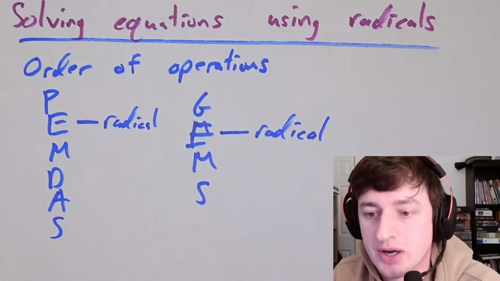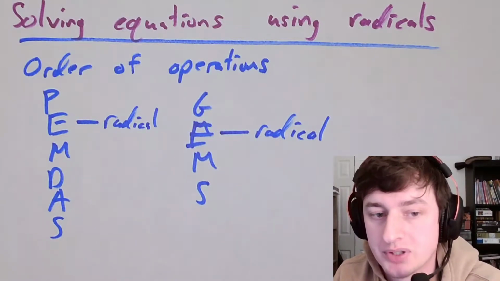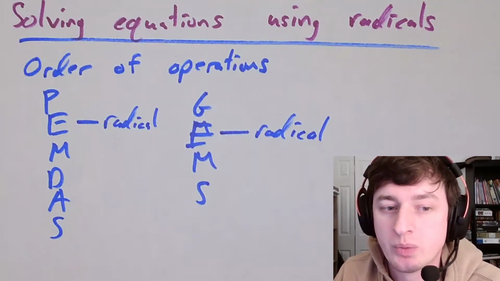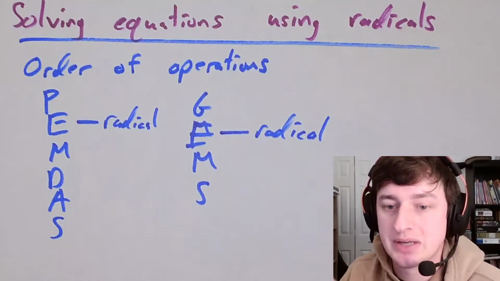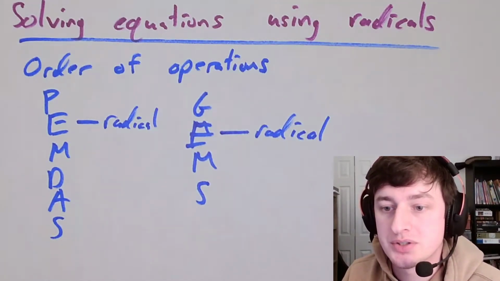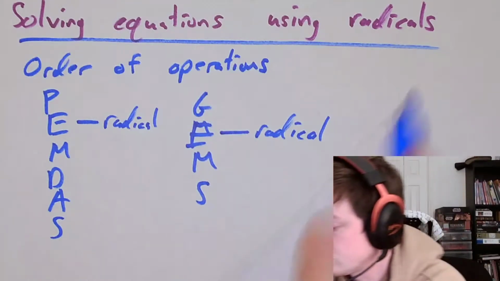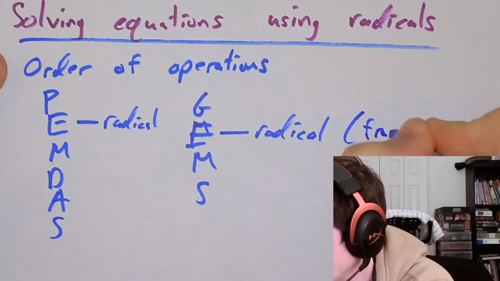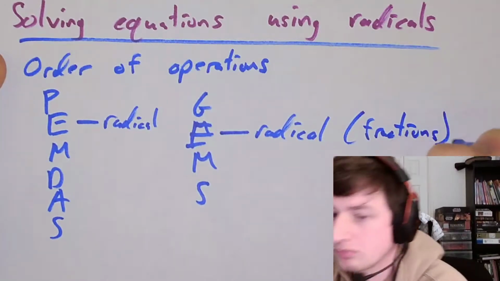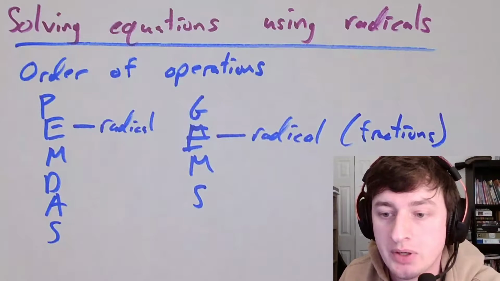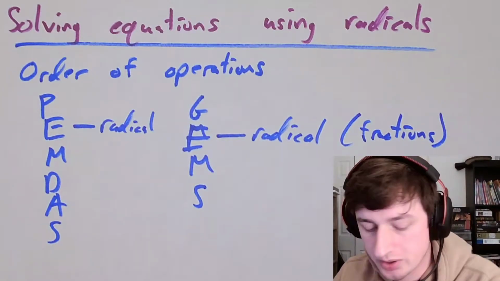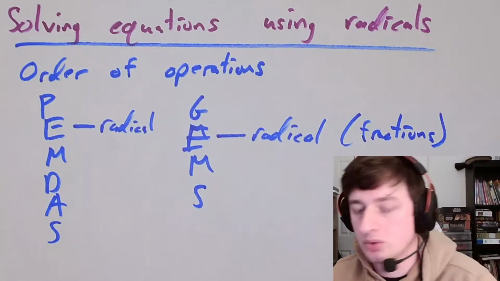So we're raising it to a fraction. It's not going to be a complex fraction, but we're going to write that exponent as a radical. So radicals are exponents. They happen at the same time because they're fractional exponents.